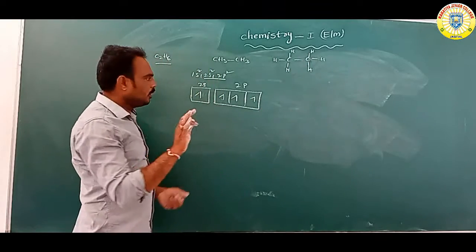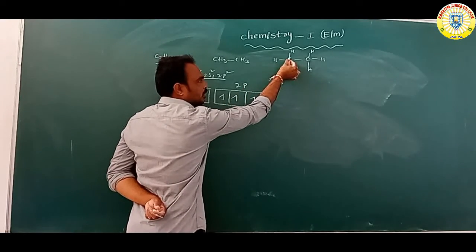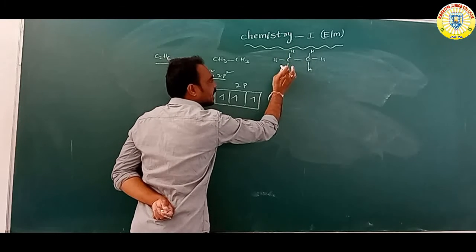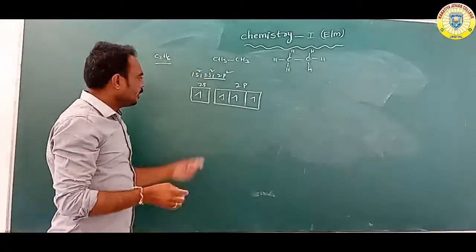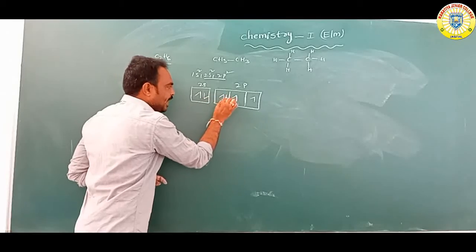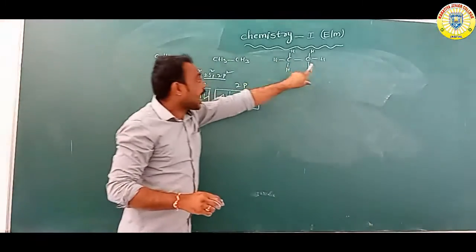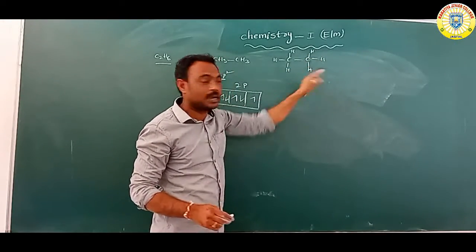So overall, on this carbon, 3 single electrons are bonded with the single electrons of 3 hydrogen atoms. This carbon is also attached with 3 hydrogens.